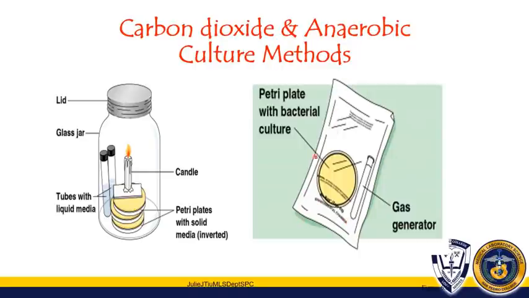It's just a packet wherein you can place your inoculated culture medium, and you see a tube there. Once you seal the pouch, you just break that glass, and then this will generate the gas required. So that's another method, but more of this in the methods of identification.